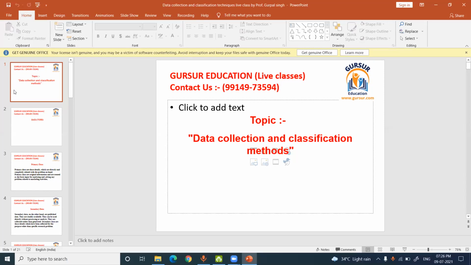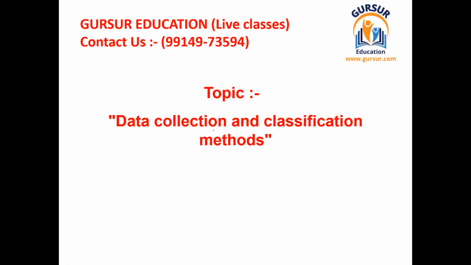So this is about the data collection and classification method. This is very much interrelated with the topics of paper 1 as well, as I have already told you. And the main thing is that we have already studied the concept of central tendency.